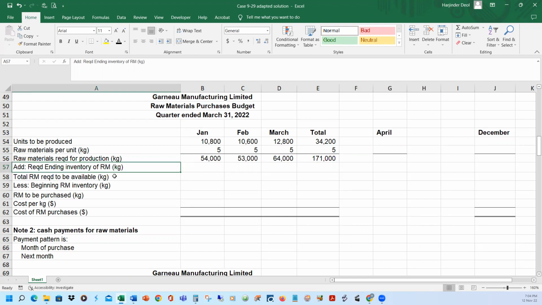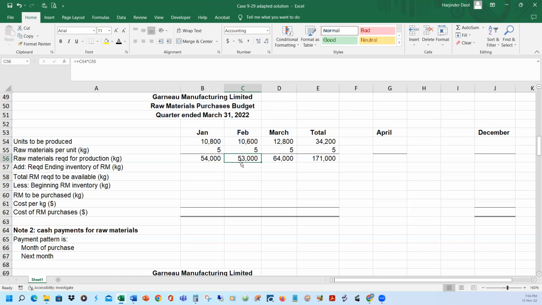Our required ending inventory of the raw materials, though, is 25% of the following month's production needs. So for the month of January, we do need 54,000 kilograms just to get the product manufactured, but we also want to maintain an ending inventory of raw materials equal to 25% of 53,000 kilograms. That's how much of raw materials we will need for February, and we just don't want to take the risk of running out of stock.